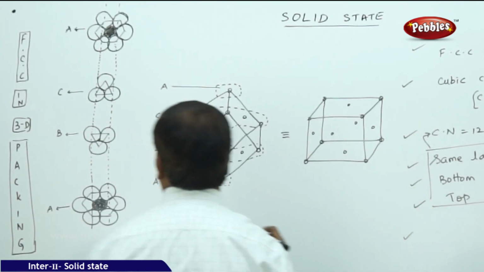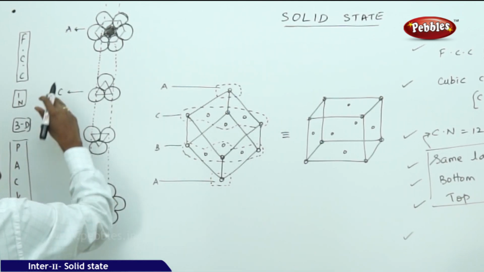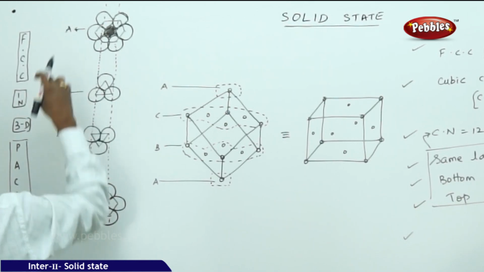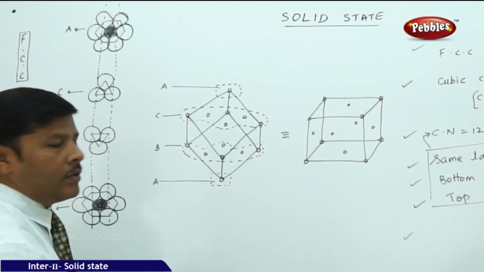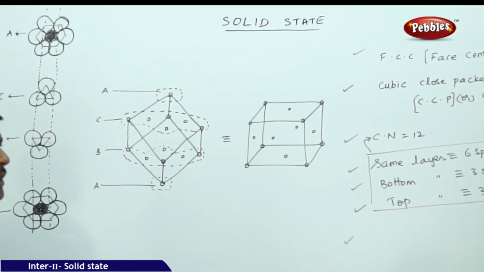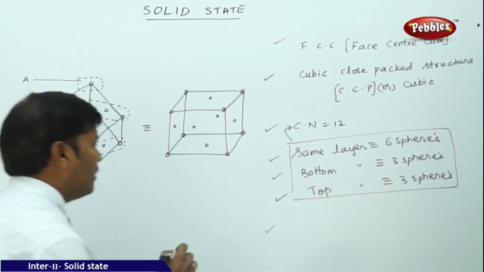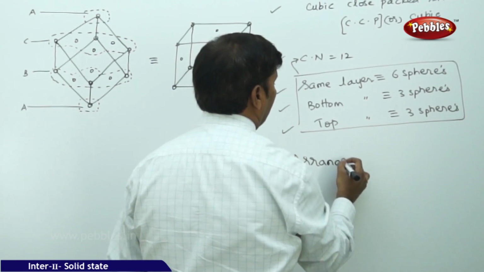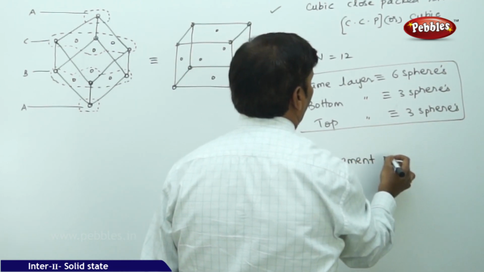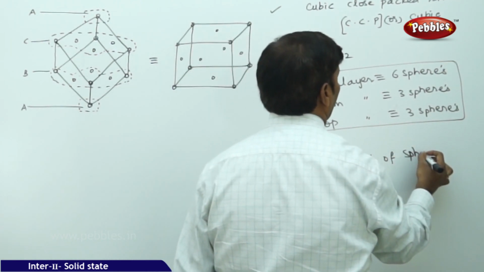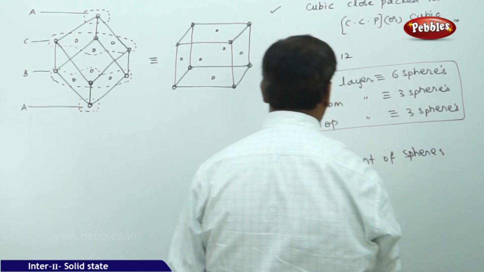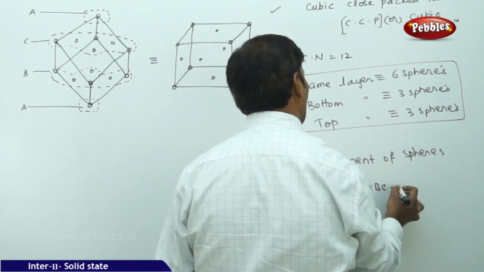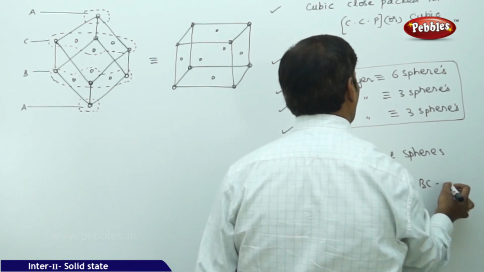And because you are finding that 3 different layers are there in the FCC, the fourth layer is a repetition of the first layer, because all 3 layers are different arrangements. So therefore here the arrangement of spheres follows the ABC type of arrangement.